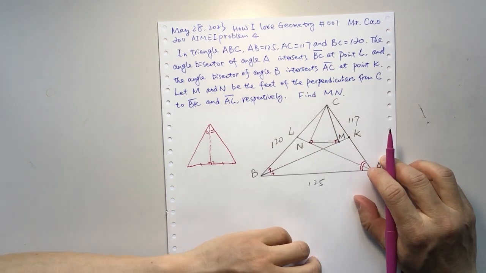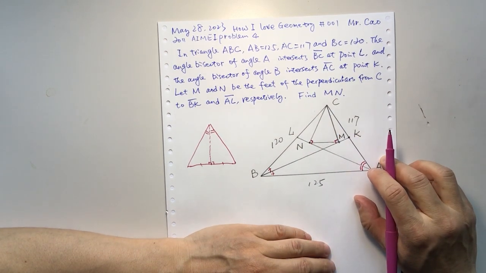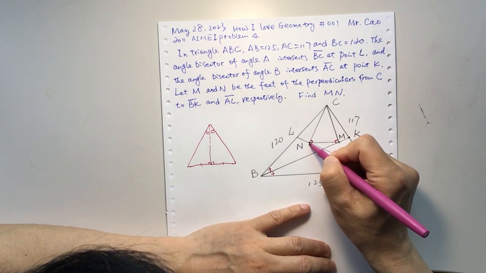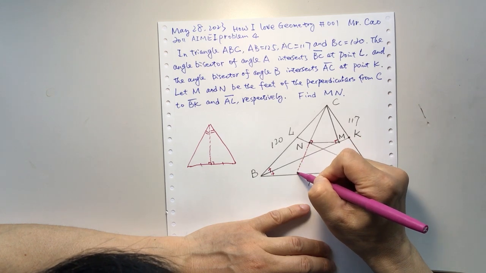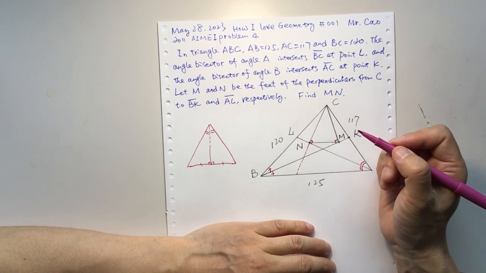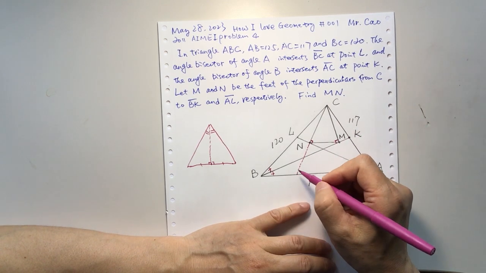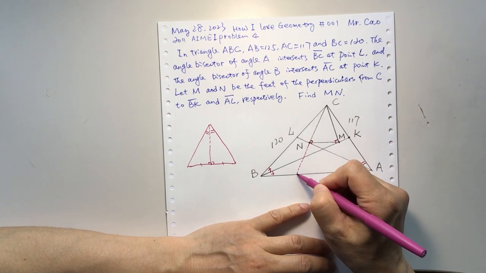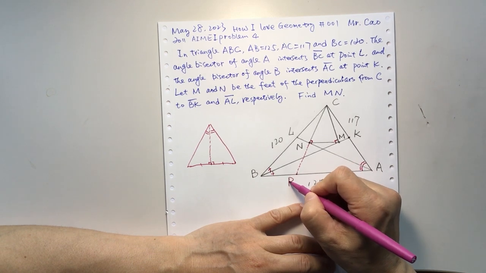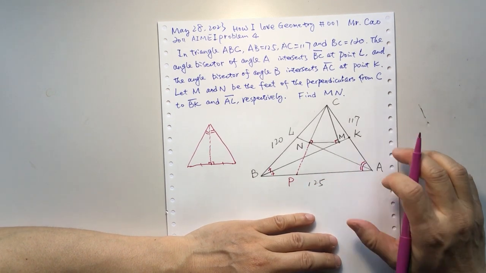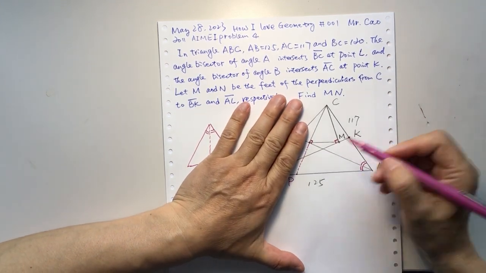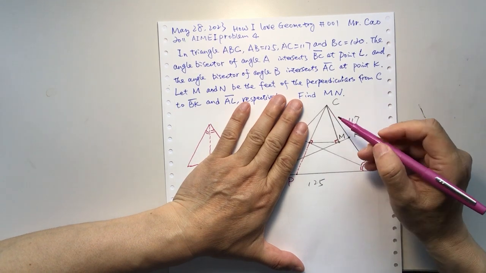So this lets us think about extending CN to the base AB, and suppose the intersection point is P. Now triangle ACP is an isosceles triangle.